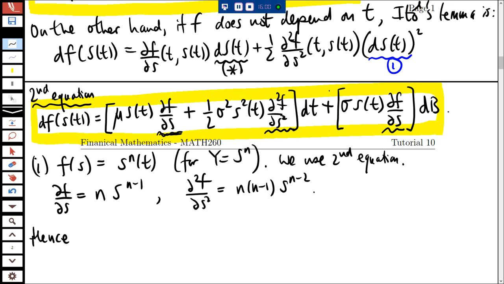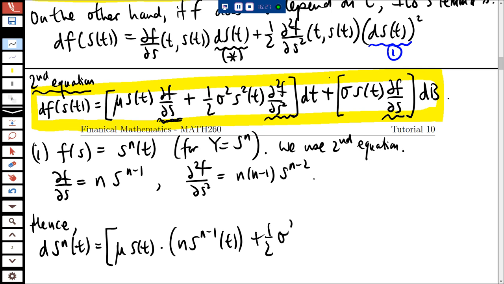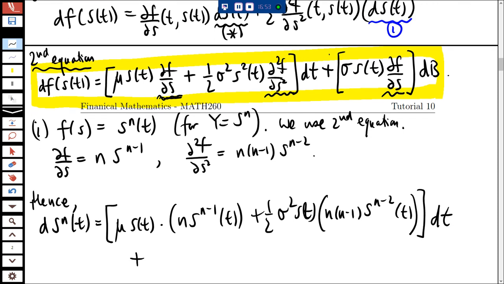So using Ito's equation, we know that the d of s to the n, so this is just d of y, is equal to mu s t, drop in the partial derivative, plus half sigma squared s squared, oh, we've got that, the second derivative, times dt, and then the second term we have sigma s of t n s to the n minus 1 of t dB.